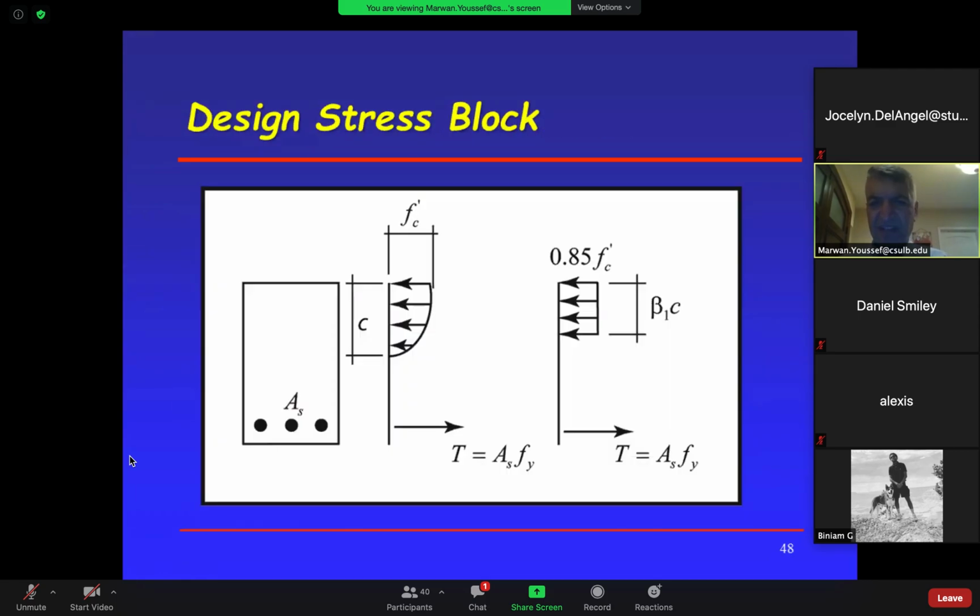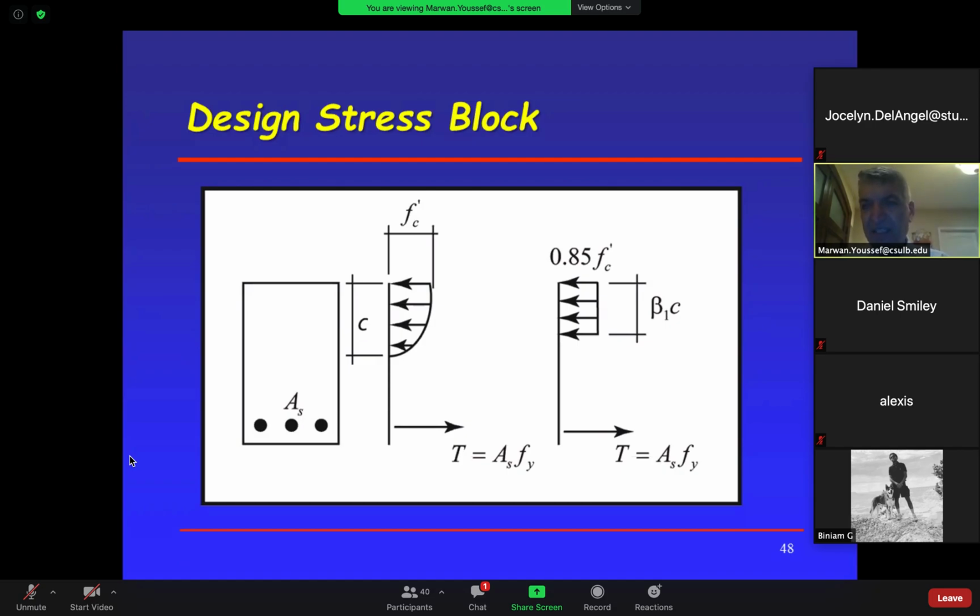All right. Now let me just make a couple of side comments here. This guy, Whitney, came up with this very big simplification. Otherwise, how are you going to find the force here? How did he come up with that?